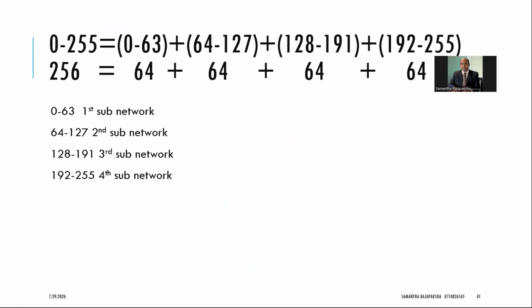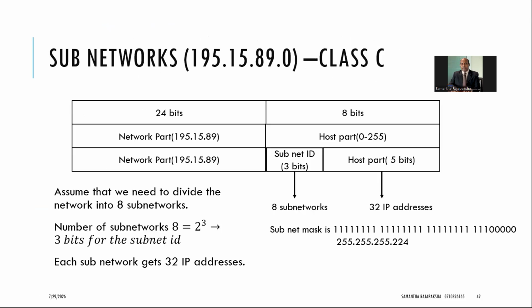The first one will get 0 to 63, the second one 64 to 127, the third one 128 to 191, and the last one will get the IPs from 192 to 255. Altogether each one gets 64 IPs. In each 64, the first one is the subnet IP, and the last one is the broadcast IP for the given subnetwork.